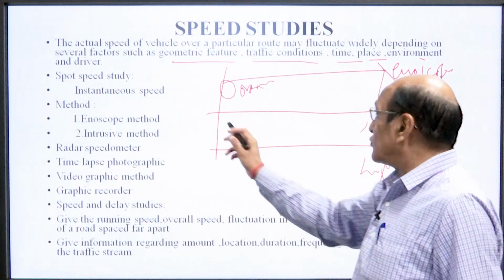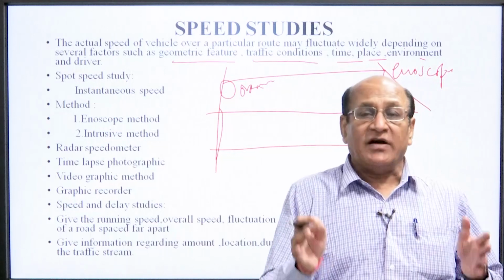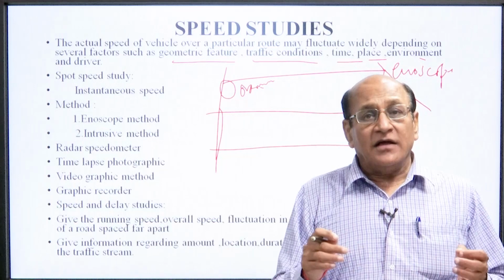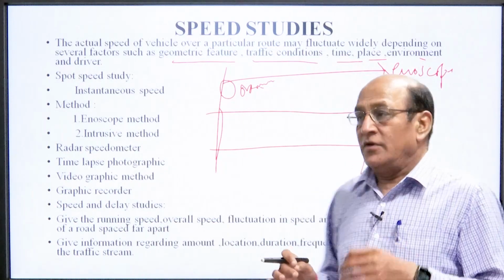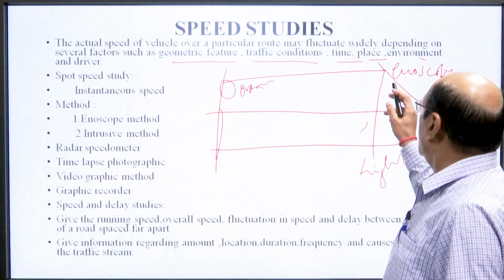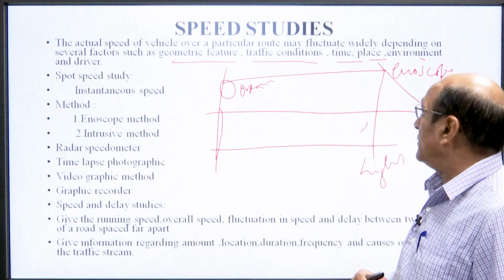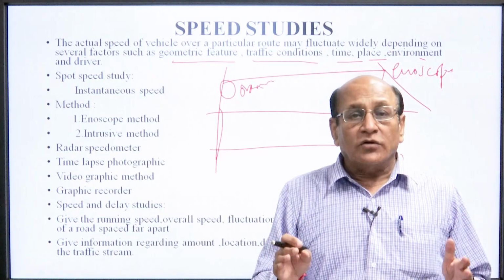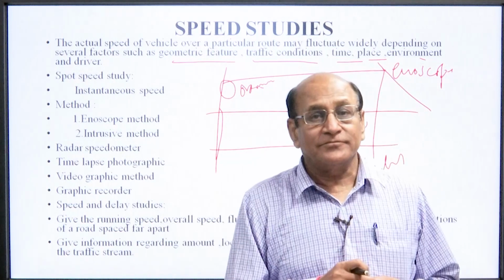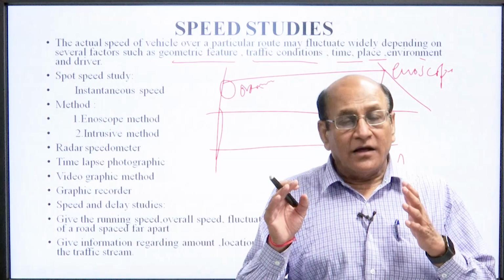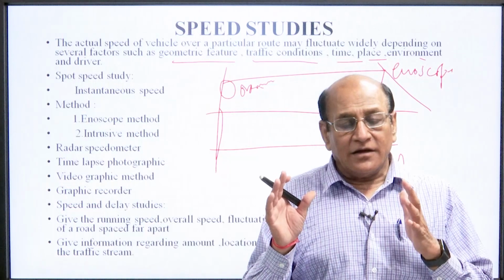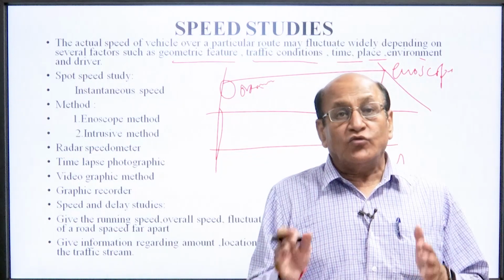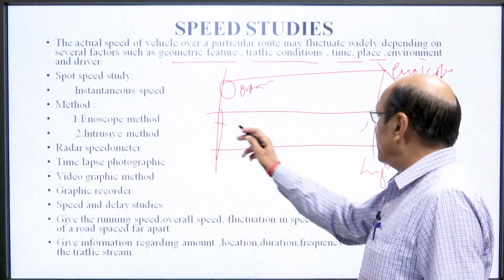When the vehicle passes through this section of the road where the observer is sitting, the stopwatch is stopped, which was started when he received the information from the enoscope. So, the vehicle has taken some time to cross this length.